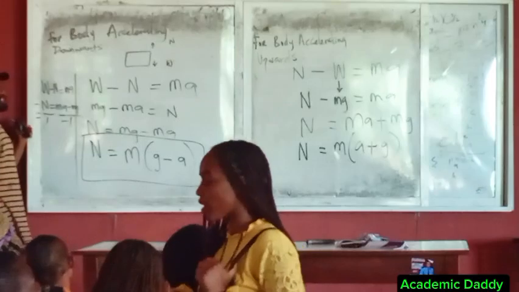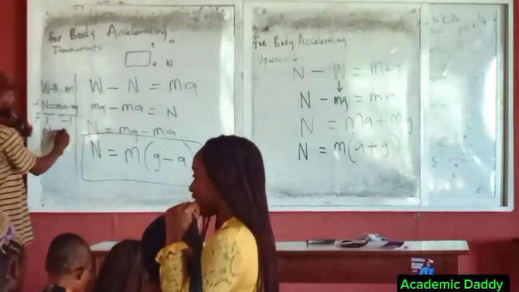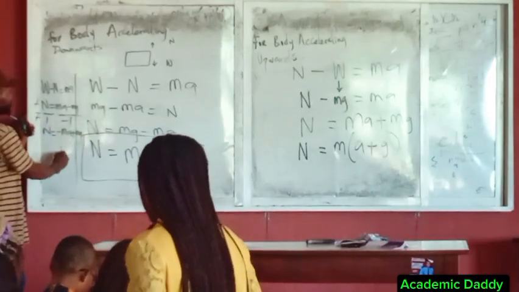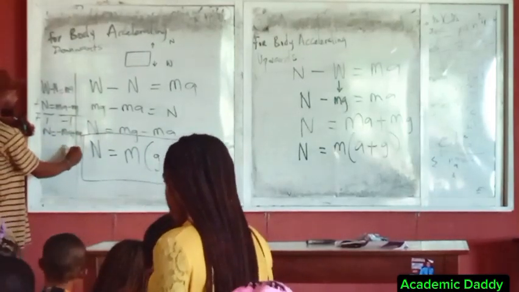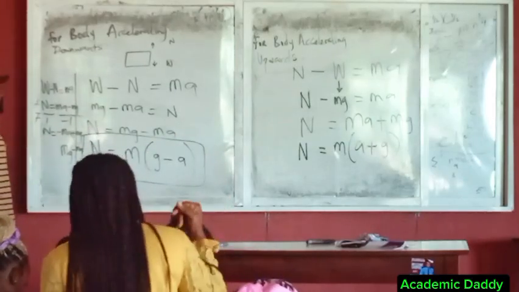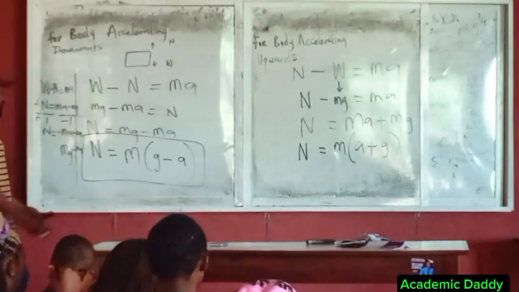Dividing both sides by minus 1, this will cancel this, so that I have N equals minus MA plus MG, which is the same thing as MG minus MA. So you can do it your own way with this one, but I did it this way because I like the shortcut, straight to the point.